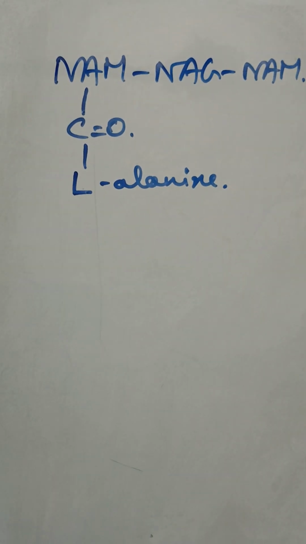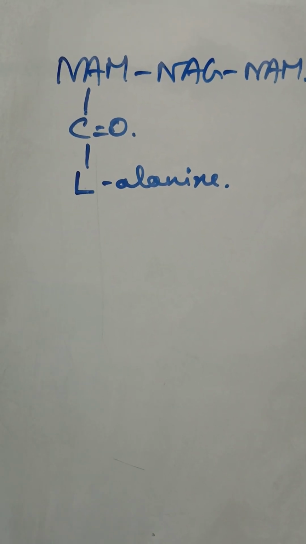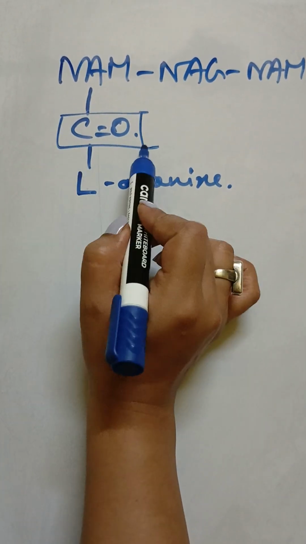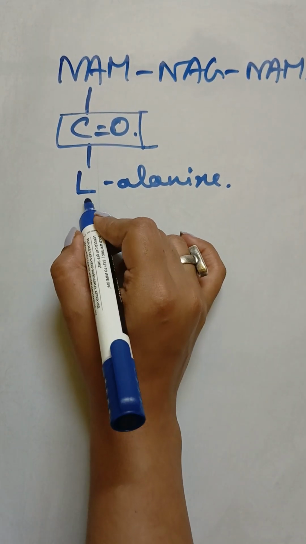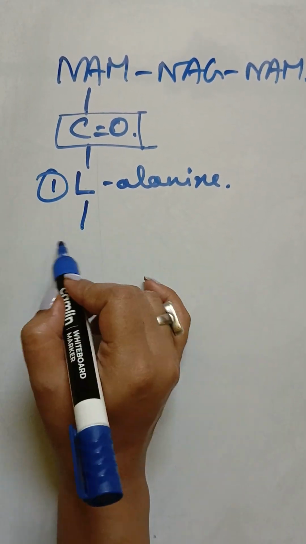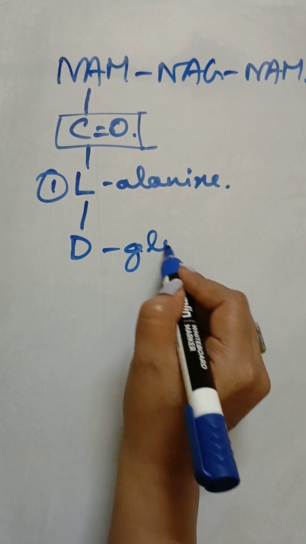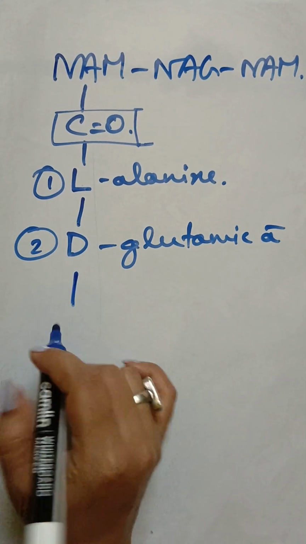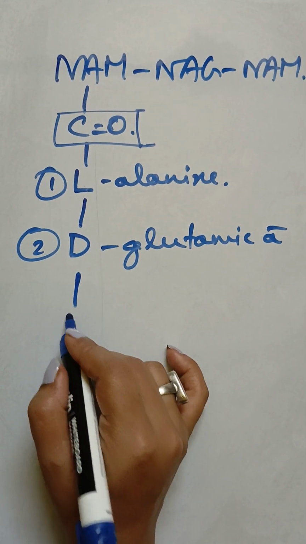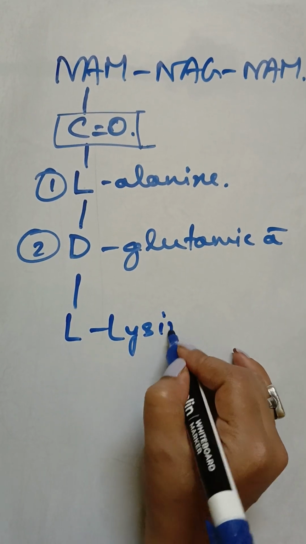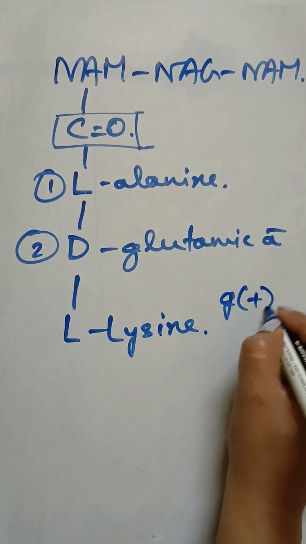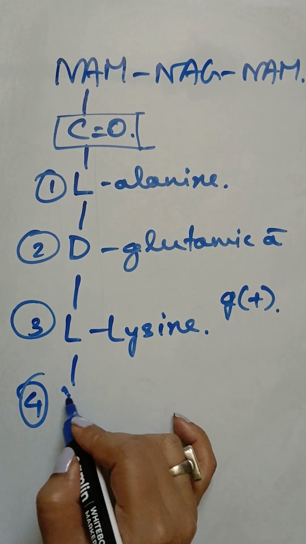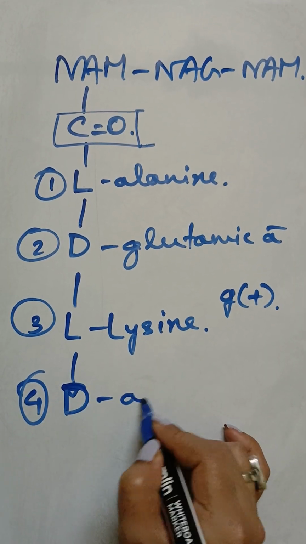So there are a total of 4 amino acids which will make a short peptide, and the first one is L-alanine, which will be cross-linked with this carboxyl moiety of NAM, and then the second one is D-glutamic acid, number 3 is L-lysine in case of gram-positive bacteria, and the fourth one is D-alanine.